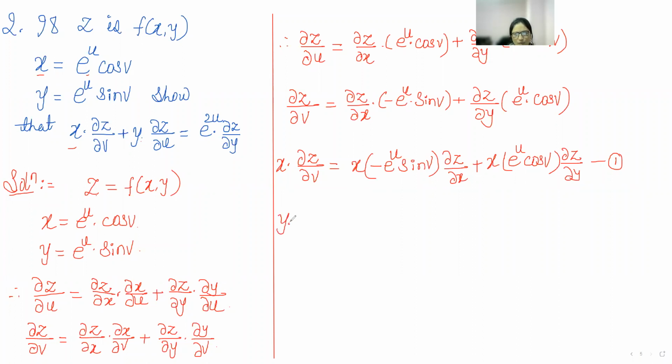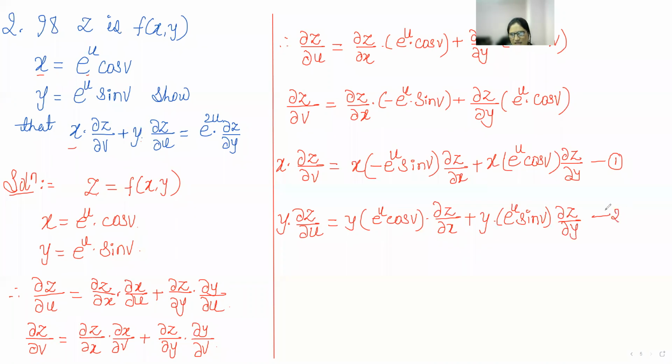So y ∂z/∂u is equal to y into e^u cos v into ∂z/∂x plus y into e^u sin v ∂z/∂y. Suppose this is the second expression.